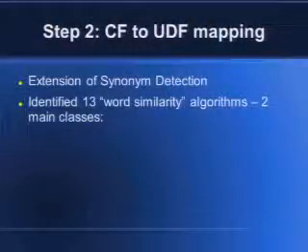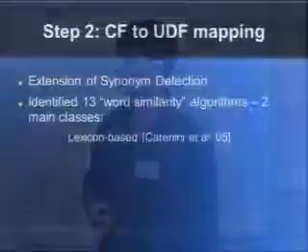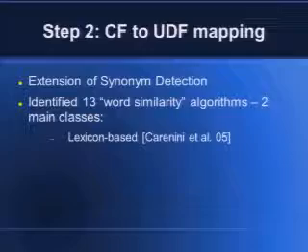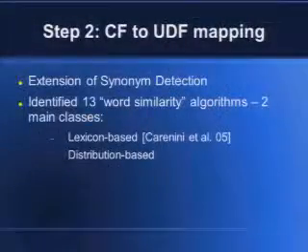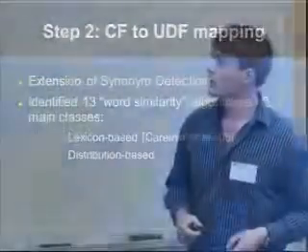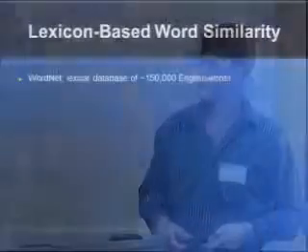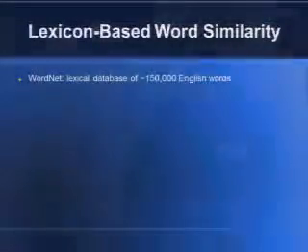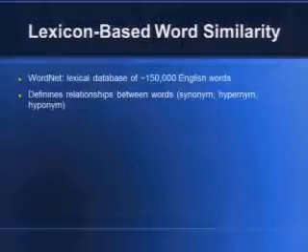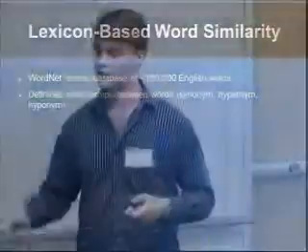The first thing to be done was that I identified 13 word similarity algorithms which had been used, which fell into two main classes. The lexicon-based ones, which had been previously investigated for this task, and then I supplemented these with some distribution-based similarity metrics. The lexicon-based ones are based on WordNet, which is a lexical database of around 150,000 English words. It defines relationships such as hypernyms, homonyms, and synonyms.